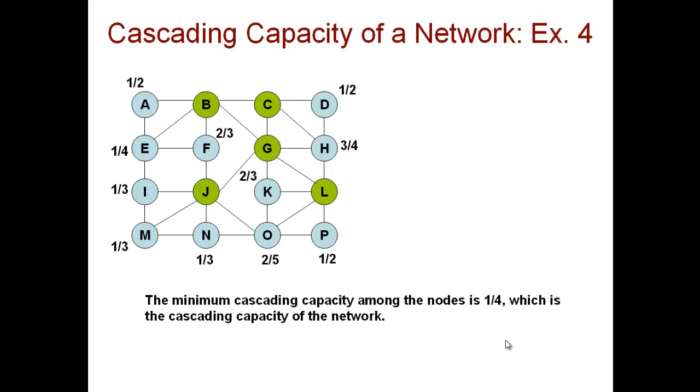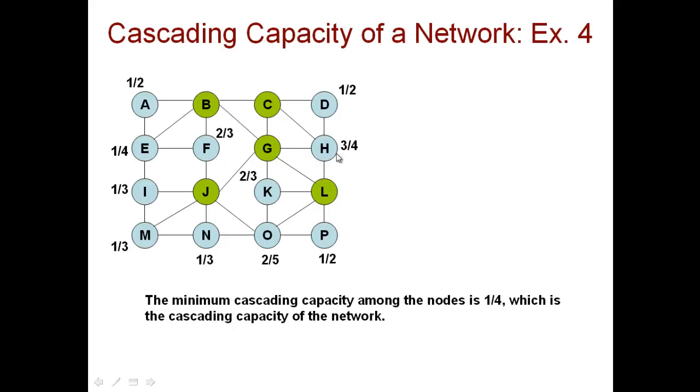So for a non-MCDS node, its cascading capacity is the fraction of its neighbor nodes that are in the MCDS. So for example, for node A, it has 2 neighbors, and one of its 2 neighbors is in MCDS, so its cascading capacity is 1/2. Similarly, for node D, it is 1/2. Now for node H, it has 4 neighbors, and 3 of its 4 neighbors are in MCDS.